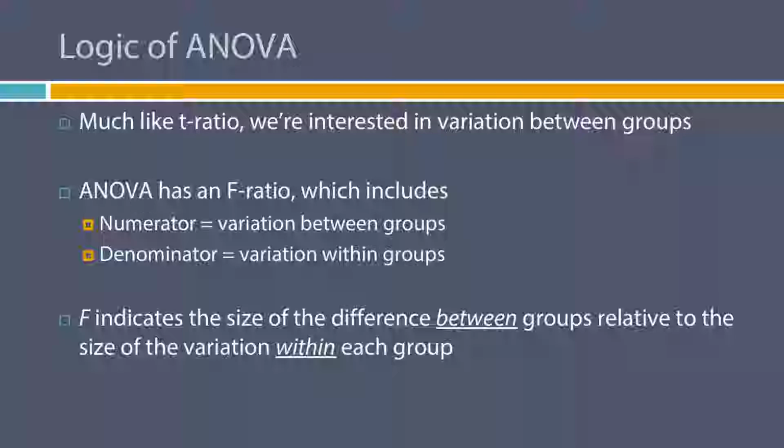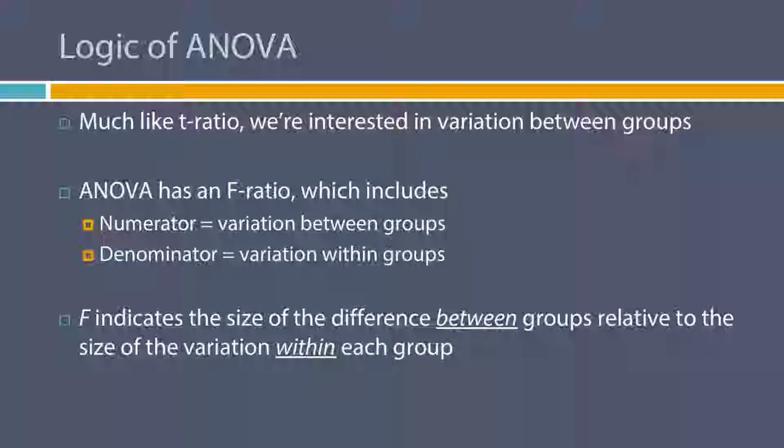So think of it this way. Let's say we had a fake measure of variation between groups, and that's going to be 100. And then the amount of variation within groups was 10. Okay, so the numerator is between groups, that's 100. The denominator is within groups, that's 10. So 100 over 10 is 10. So we're going to have an F ratio of 10.